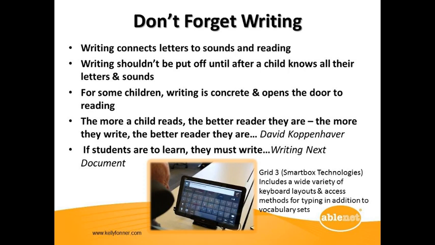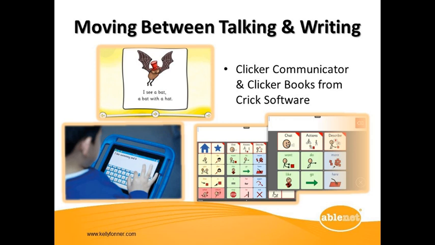Demand it from our manufacturers that there's an emphasis on writing and an emphasis on the alphabet being in their system. Make sure that you've got a way to move between writing and communicating. We've got this link between them, because talking is not the same thing as writing. There is a link, but there are differences.